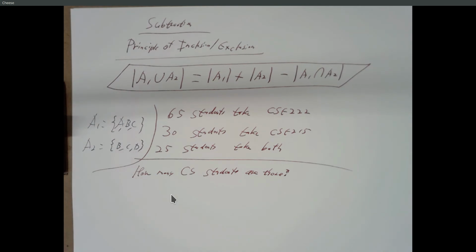95. Probably smaller than 95. 70. Oh, right. Yeah, just 70. Right, because most of the students that are in here are also in 222. But there's a few in here that aren't. So 70 is a good answer, right? How did you get 70? Well, we know that 65 are in CSE 222 and 30 are in 215.